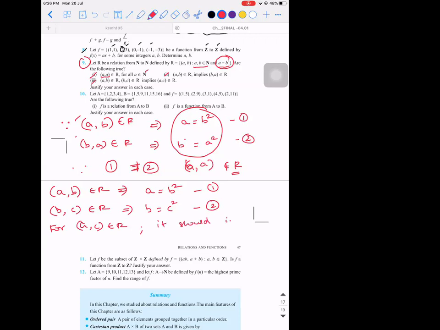A is equal to C square. Will you get it? No, sir. If you solve both, will you get it? No, because if I solve both, I would have got A is equal to C square if I had B this side. Since A is not equal to C square, (A, C) does not belong to R. So none of them is matching. None of them are part of the relation. I hope it is clear.